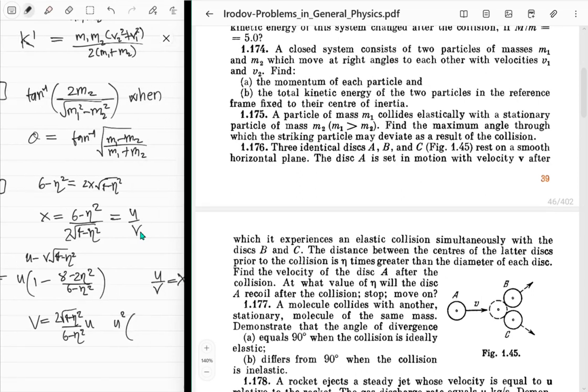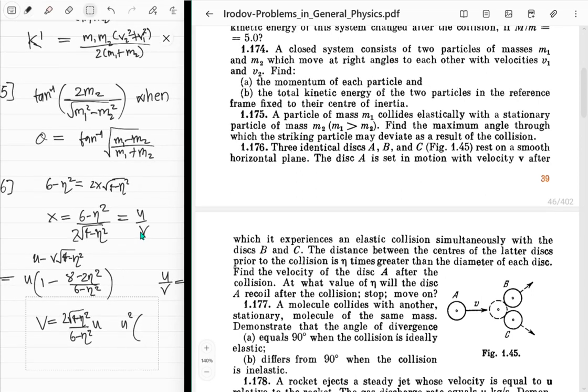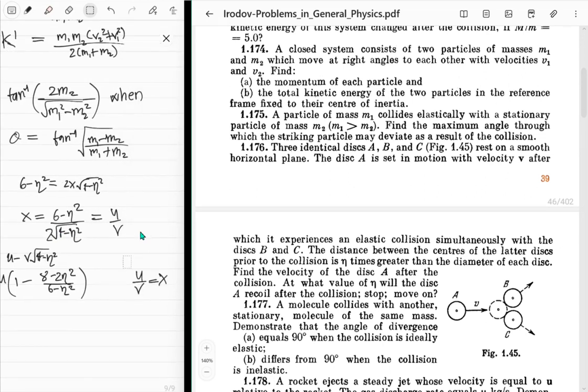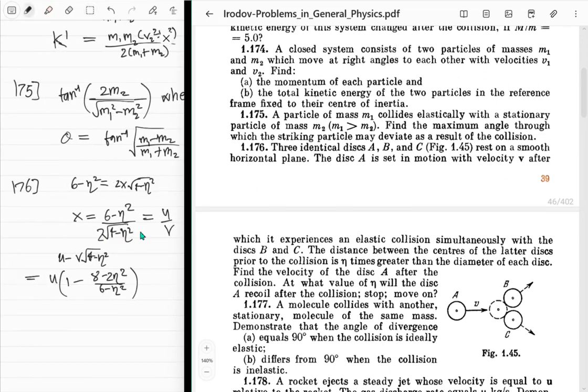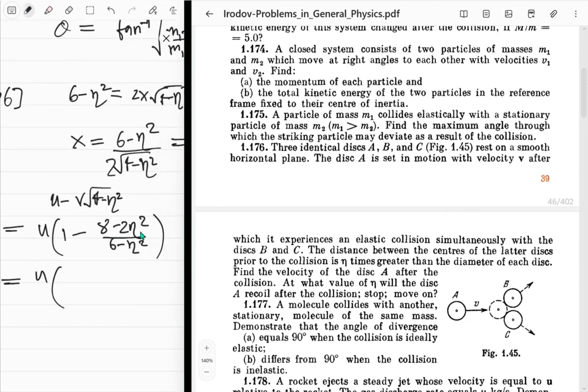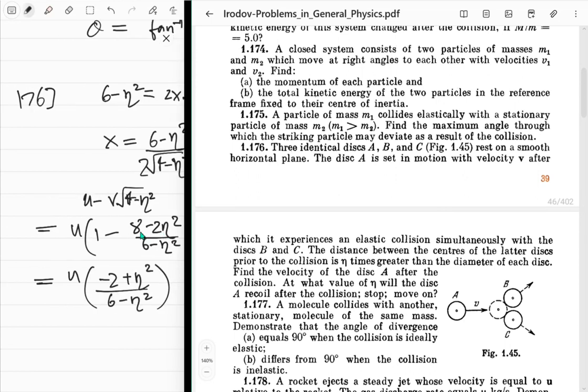Ooh, yeah, that's weird. Okay, so now we can do it, and this will be equal to u times, so it's this one negative 2. Okay, and then you got minus eta squared plus 2 eta squared, it's going to be plus eta squared, then upon 6 minus eta squared, right?